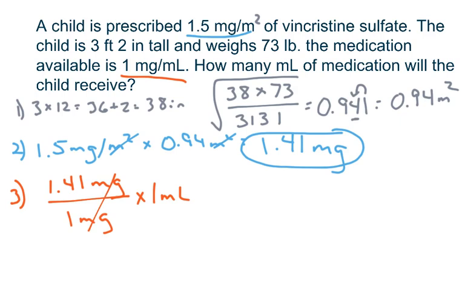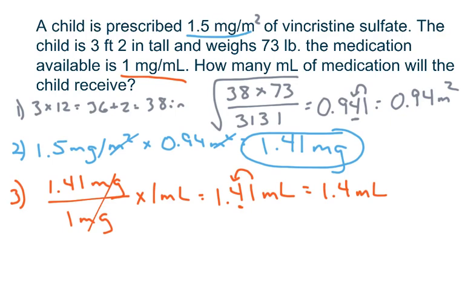And you get 1.41 milliliters. Now this is a syringe, so you have to follow the syringe rounding rules. Since it's greater than 1, you round to the tenth place, and you get 1.4 milliliters.